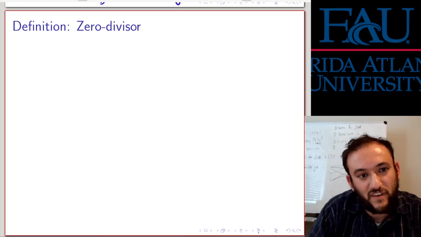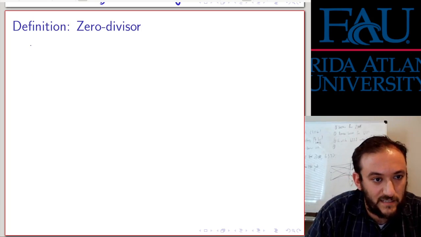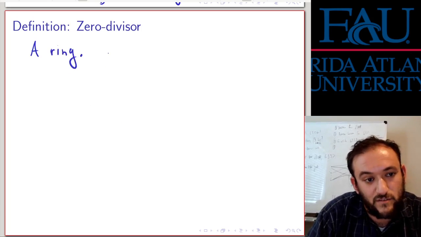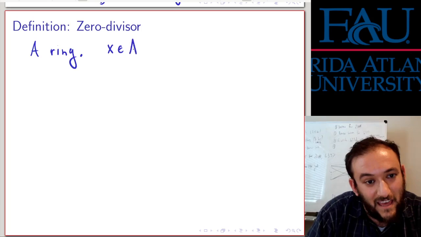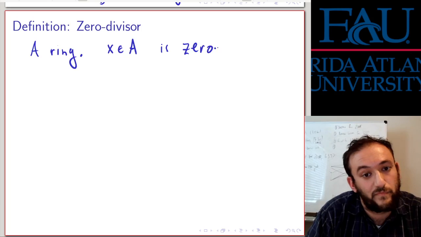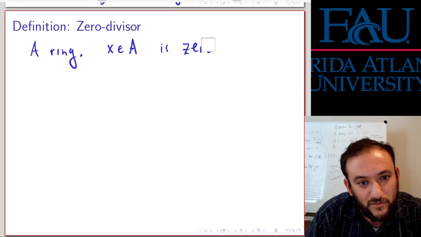Okay, now let's define a zero divisor. So a zero divisor is, so we have a ring A, then x in A is a zero-divisor. And sometimes people write this without the hyphen, but I usually write it with the hyphen.